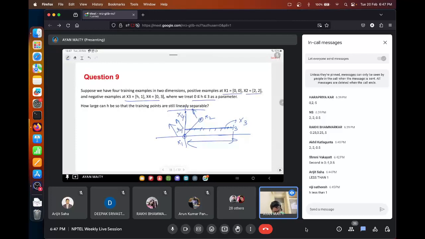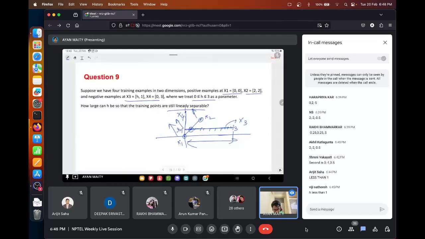So for that we just have to find out this point. This is the maximum value that h can take for x3, and it can take any value lesser than this, but not more than this.